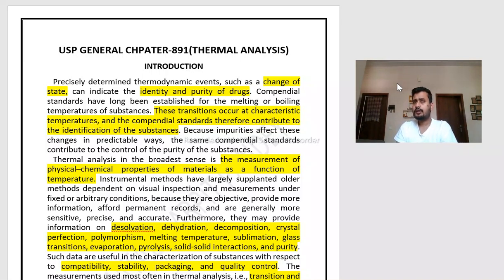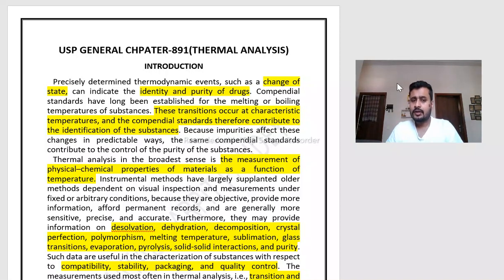In today's world, we perform thermal analysis with the help of a lot of instruments which are in CGMP regulation and follow 21 CFR regulation, but in the olden days these instruments were not present. So thermal analysis was performed with the help of a melting point analyzer.